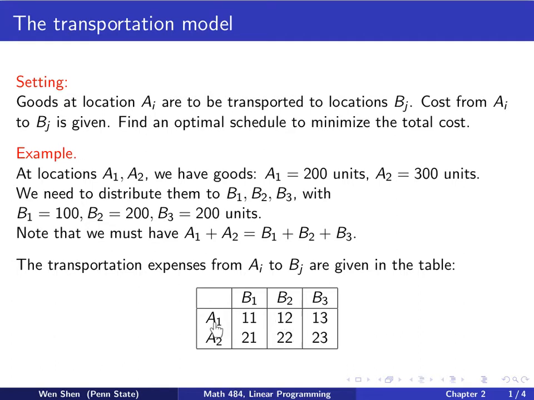And transporting from A1 to B3 costs 13. And for A2, we have a similar table. So if you want to transport from A2 to B1, that costs 21 units of your money. And from A2 to B2 is 22. And from A2 to B3 costs 23.